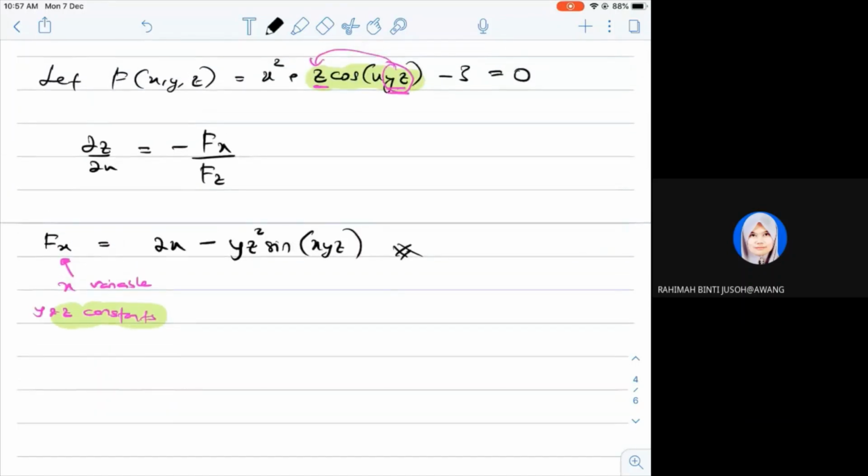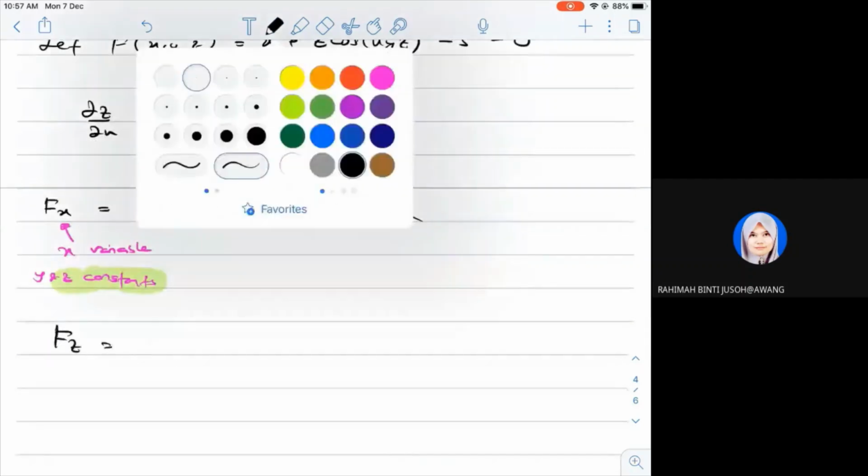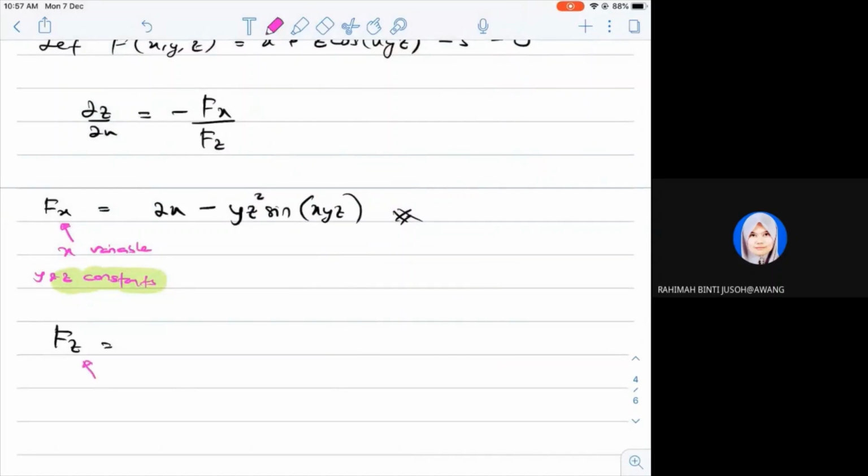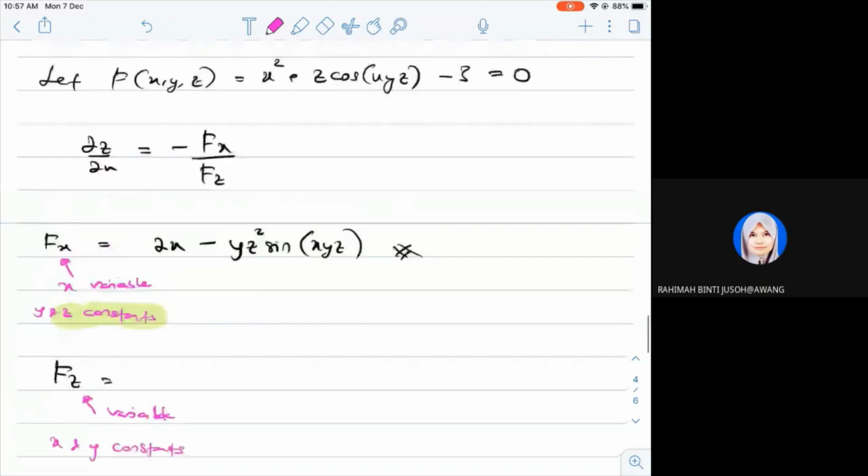Now let us find fz. Wait, saya nak padam dulu yang ni. So when we find fz, z is the variable, and then x and y are constants. Look at this function.